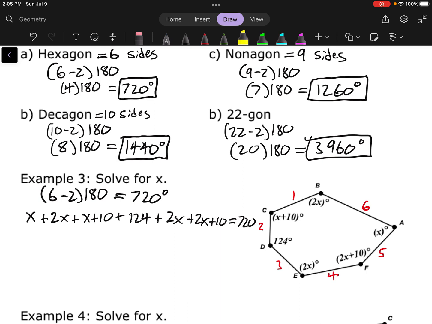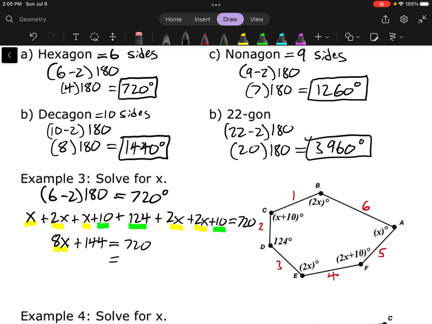Now if I combine some like terms, x, 2x, x, 2x, 2x, adding all those together, I get 8x. And then adding the 10 and the 124 and the 10, that should be 144. So 8x plus 144 equals 720.